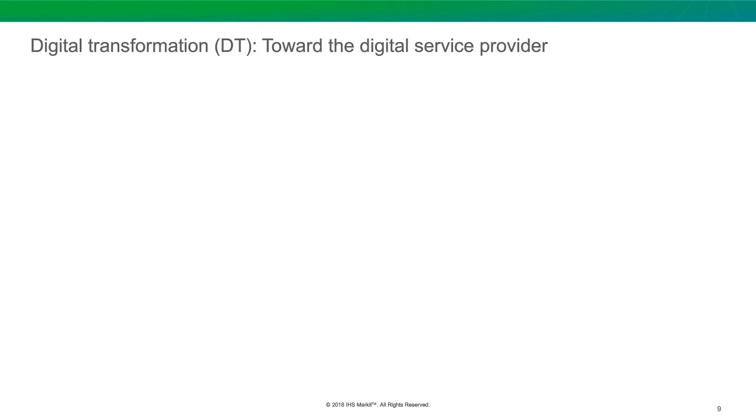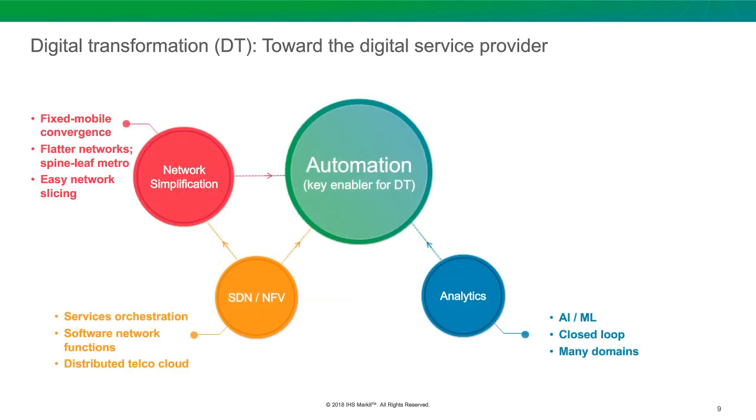All right, so bringing all this together and building out a broader view of the key trends in networking today, we can see in this diagram on digital transformation some of those elements we've just discussed. You've got network simplification, you've got SDN and NFV as enablers of automation.